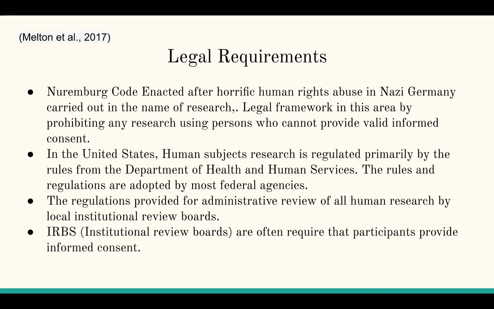In the United States, human subject research is regulated primarily by the rules of the Department of Health and Human Services. The rules and regulations are adopted by most federal agencies. The regulations provide for administrative review of all human research by the local institutional review boards, often called IRBs, which often require that the participant provides informed consent.